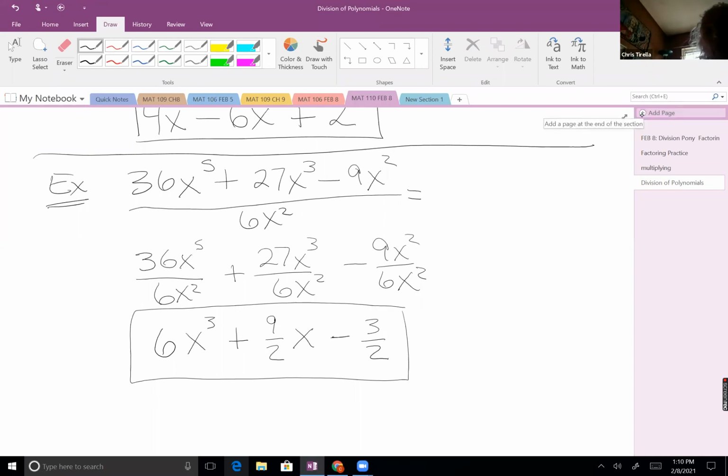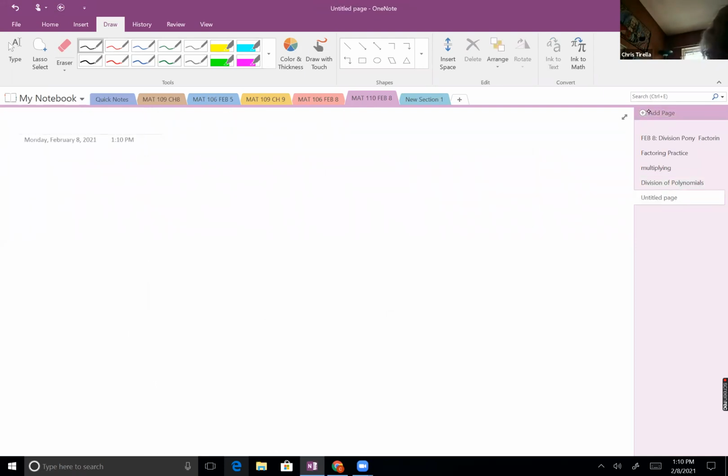If so, then after we go through and do all of this work with the polynomials, that next section, which is, I think, P5, deals with factoring.